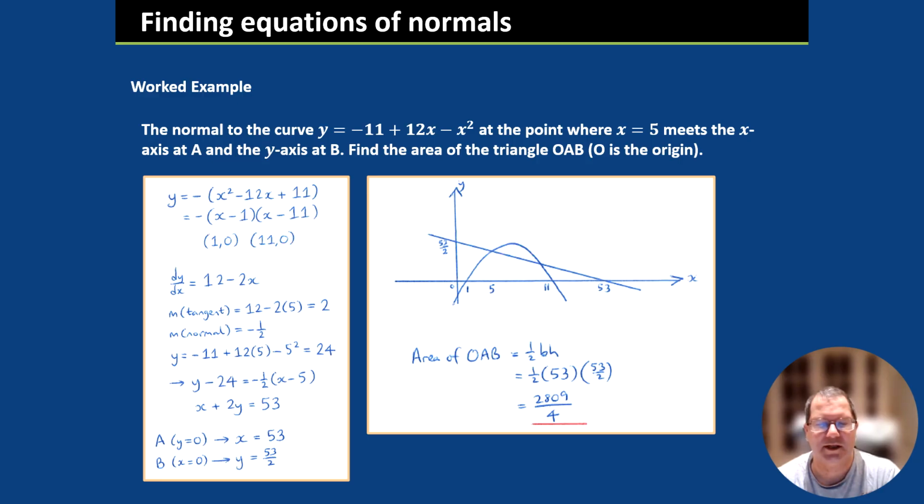So that gives me that x equals 53. And I can find B by putting x equals 0, which gives me that y is equal to 53 over 2. So the area of the triangle, half base times height, the base is 53, the height is 53 over 2. 53 squared divided by 2 squared is 2,809 over 4.